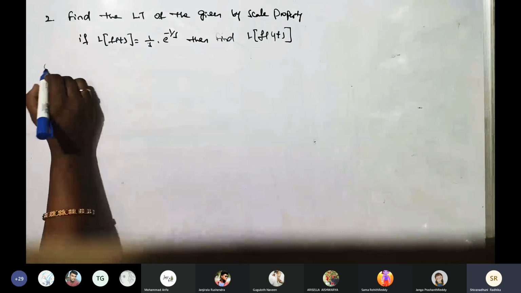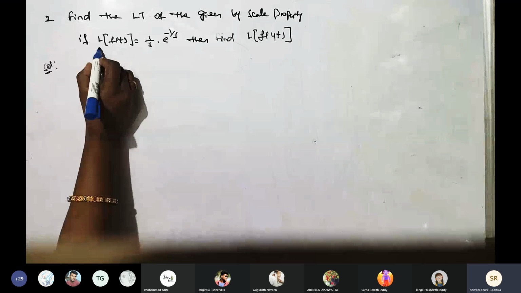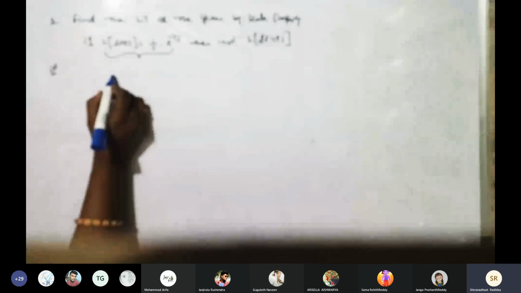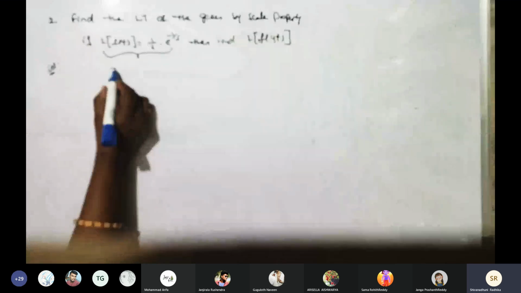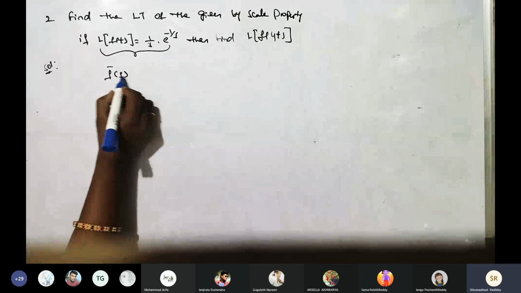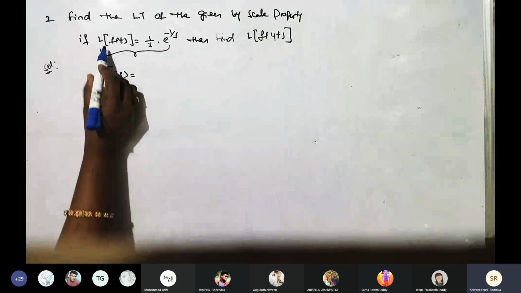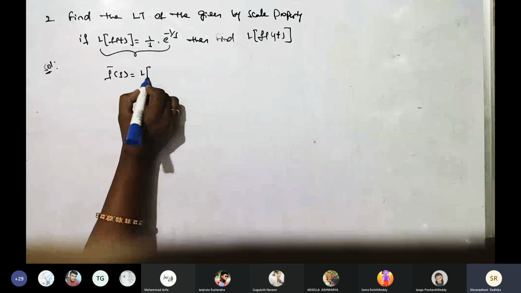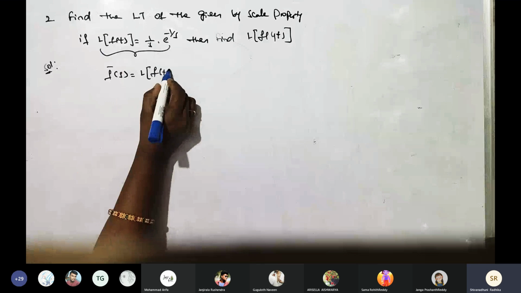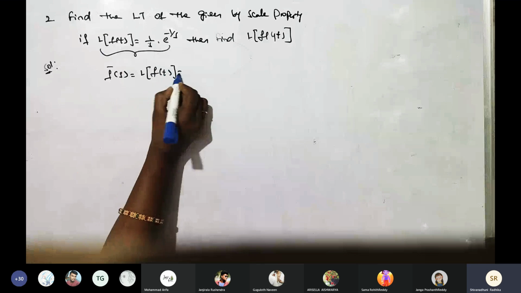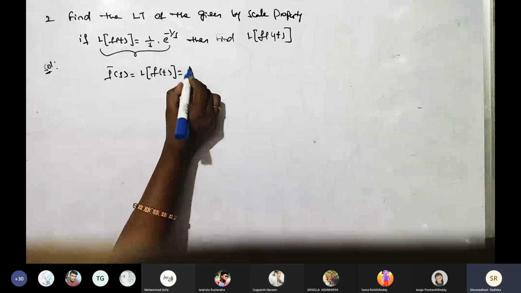Okay, now first of all, what is the given problem we have? This is the f bar of s. F bar of s, because this is L of f of t, equals 1 by s into e power of minus 1 by s. Is it clear? Now, say this is equation number 1.